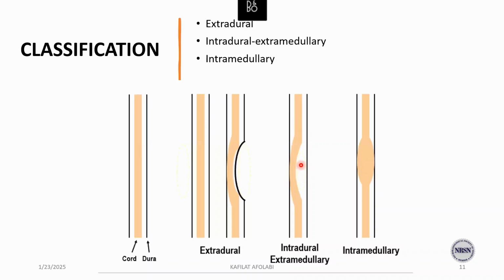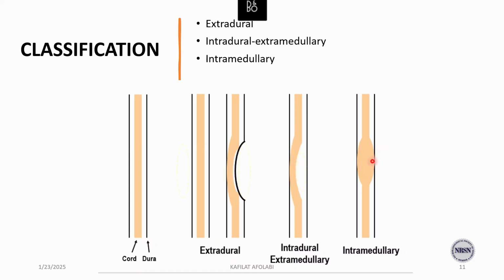So you see that the dura appears intact, but not necessarily in all cases if there's a tumor. And we can see that the lesion is also compressing on the related spinal cord.